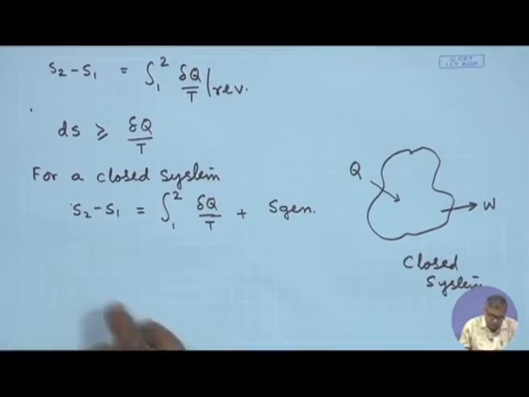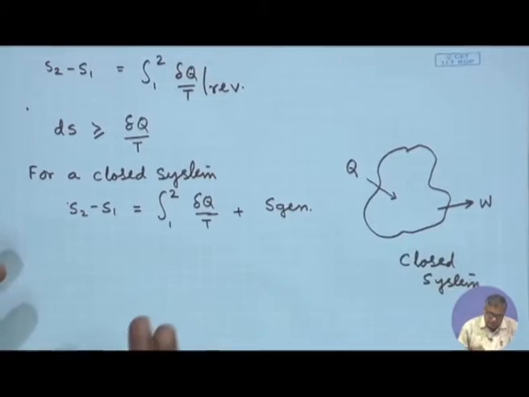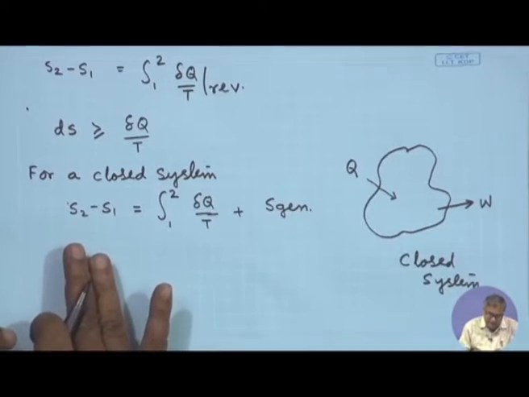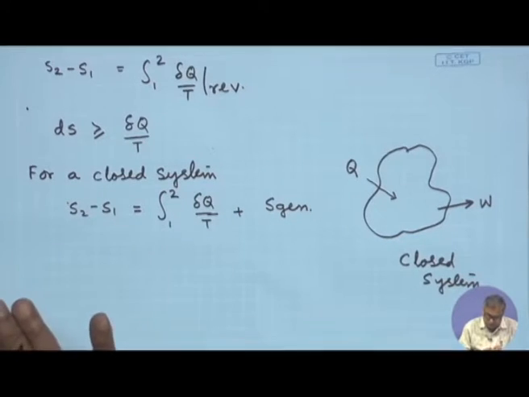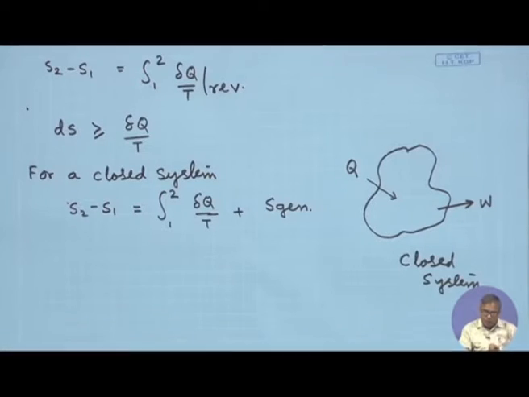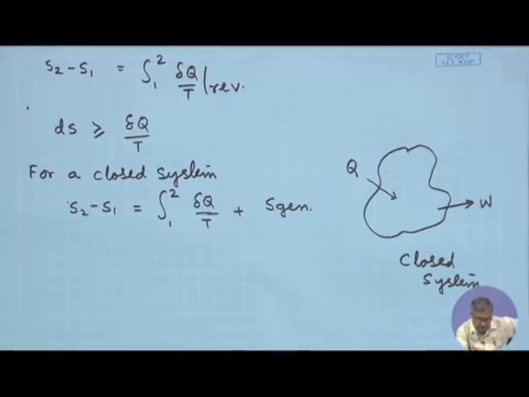Okay. So, for a closed system like this, we can write the entropy balance equation S2 minus S1. Suppose the closed system has undergone a process; the starting state of the system is given by 1 and the final state by 2.